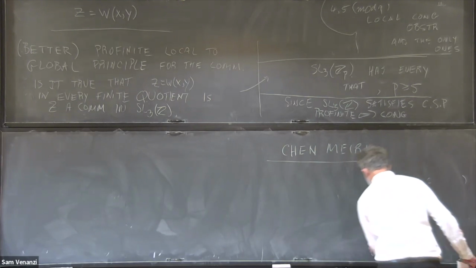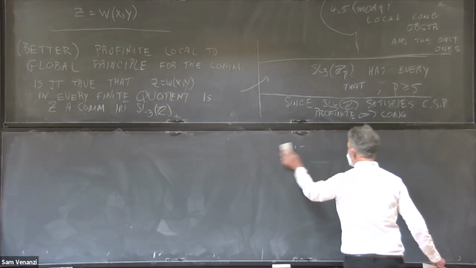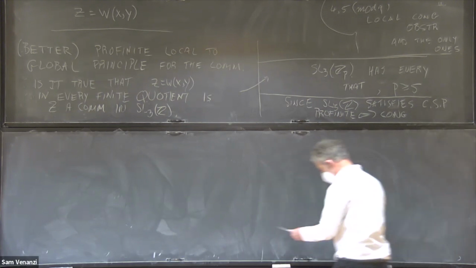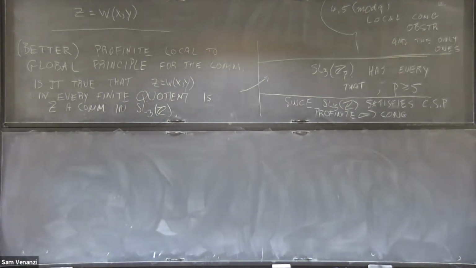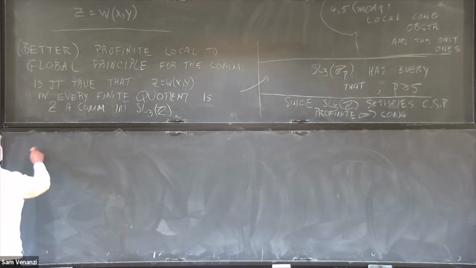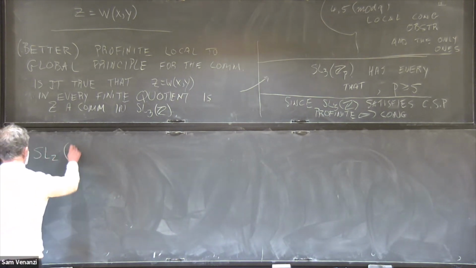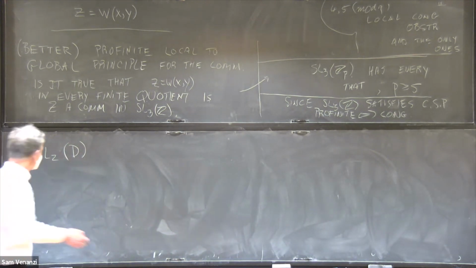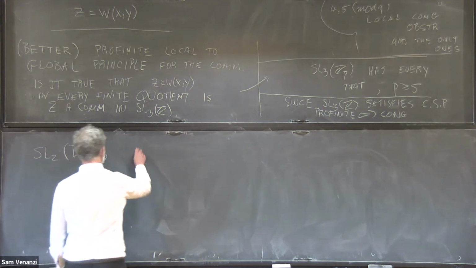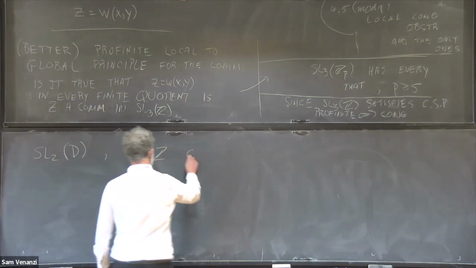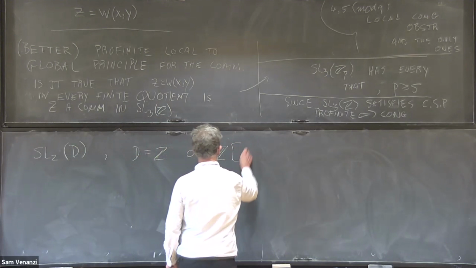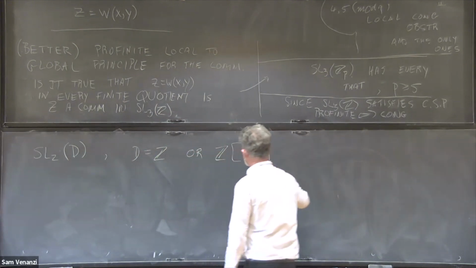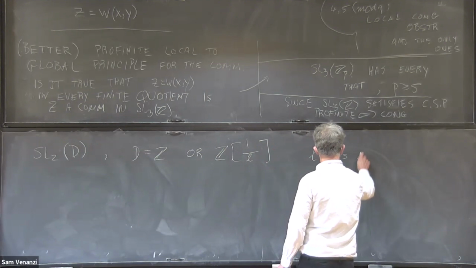That's one way I was drawn into this. Now let me state the theorem that is in this recent paper that we put on the archive, and I'll spend all the time explaining. So we're going to look at SL2 of D, instead of SL3, 2 by 2 matrices, friendlier, and D is going to be Z[1/L].